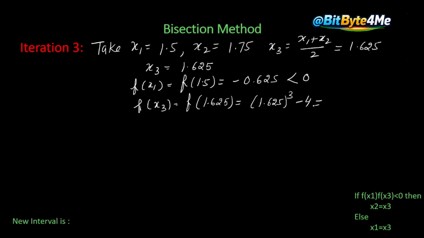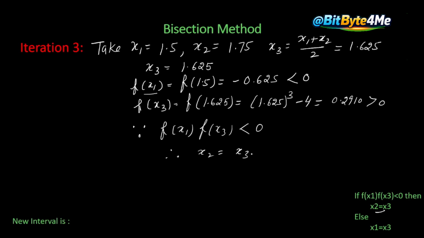If you calculate this expression, you will get the value 0.2910, which is greater than 0. So f(x1) is less than 0, f(x3) is greater than 0, so the total multiplication will be less than 0. Because f(x1) multiplied by f(x3) is less than 0, therefore x2 is equal to x3.